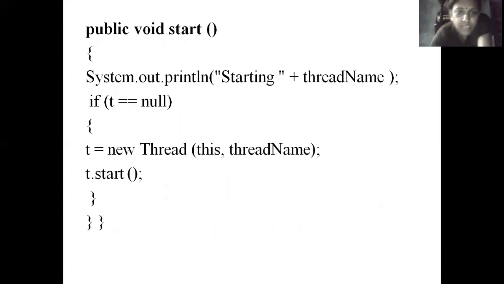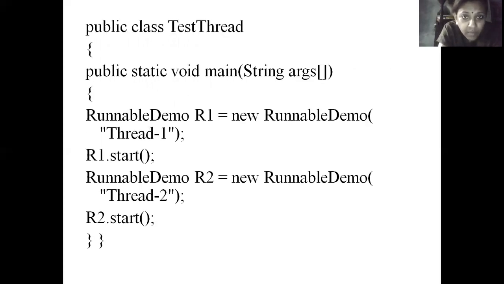Then we have this start method. This start means it will print starting thread name. These are all the syntaxes that you need to write to start a thread. Then our main method is there. Public class TestThread, this is our class, and we are having our main method.